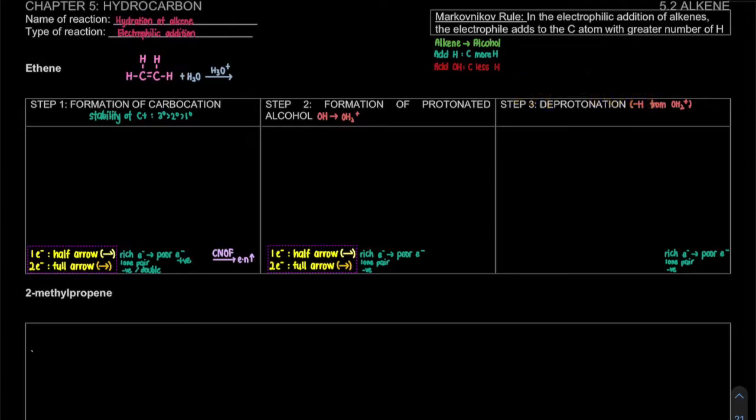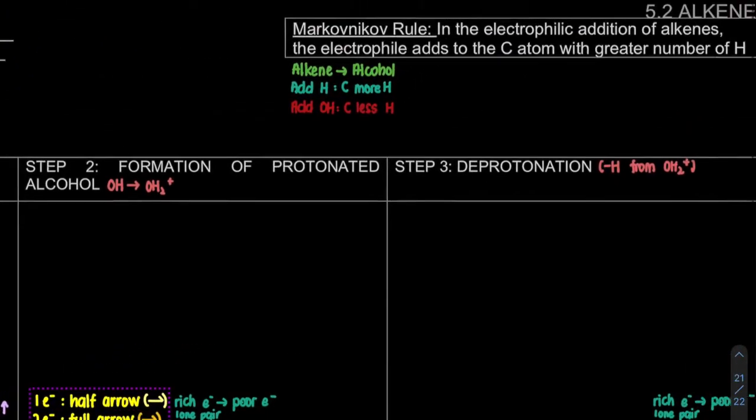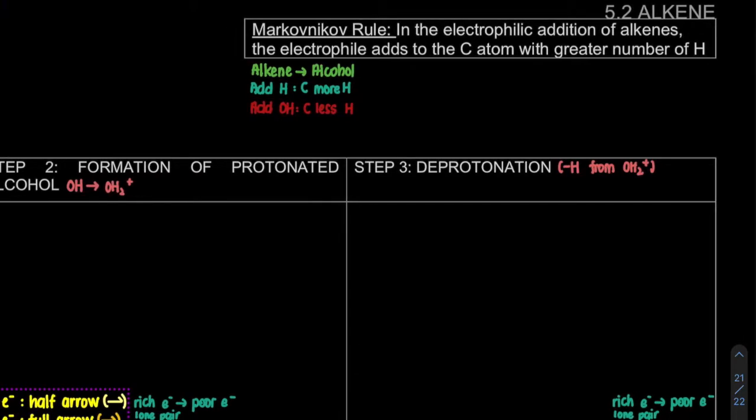But before adding the atoms, it is important to determine how many carbons are attached to our carbon-carbon double bond, so that you know which one will be added to which atom. In this case, we add the hydrogen to the carbon with more hydrogen, which follows the Markovnikov rule, and we add OH to the carbon with less hydrogen.